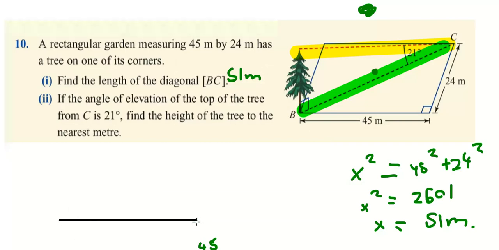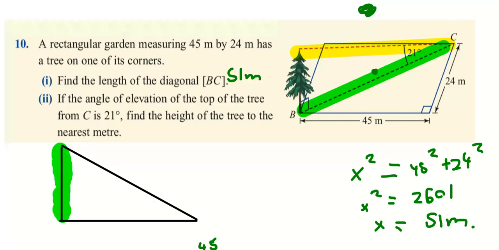So I'm just going to do my tree here. This one here is my tree, just in green. That makes this point here B, this point here C.